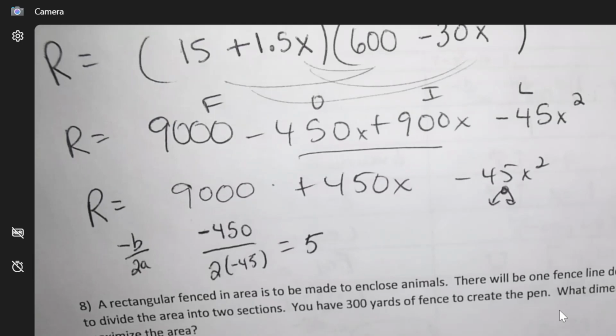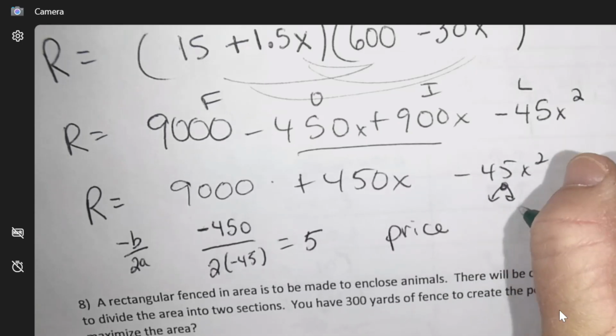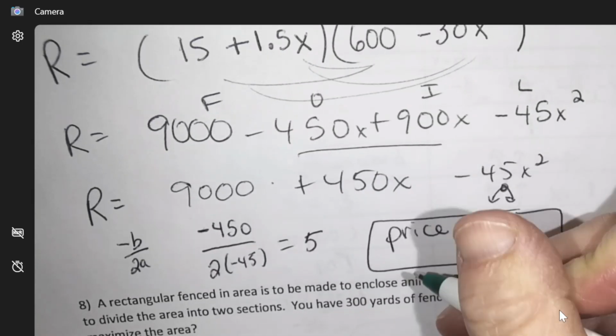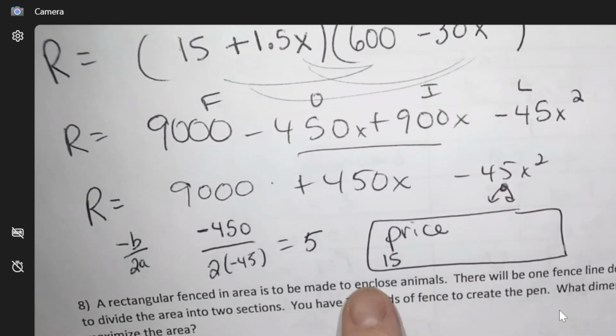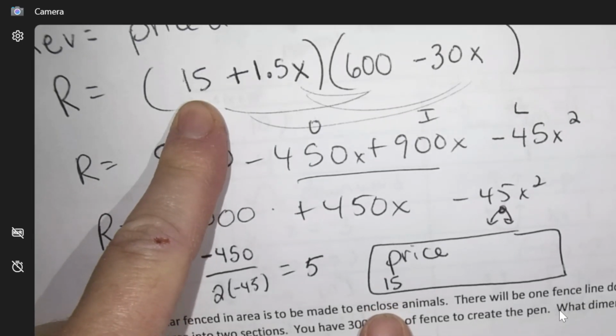So what is the price of a hat going to be at? So we started at $15. So I'm really just going into this bracket here.